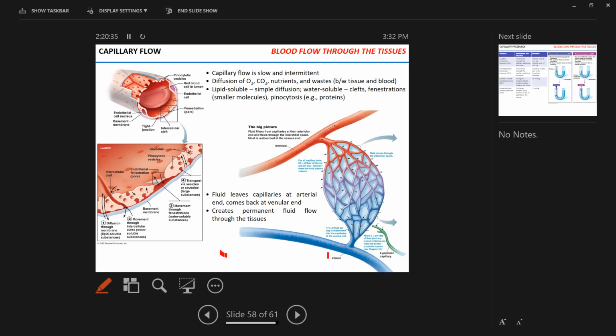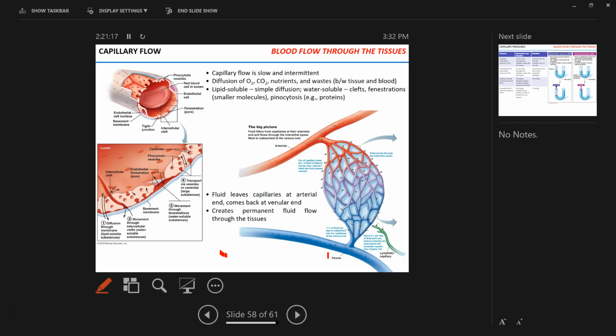Now, we're going to chat about the fluid exchange. We talked about different types of capillaries, right? Continuous, fenestrated, and sinusoid. What you have to understand is that in capillaries, there's an exchange of respiratory gases, oxygen, CO2, right? There's an exchange of nutrients. There's also an exchange of fluids. Fluid, and I specifically say fluid.